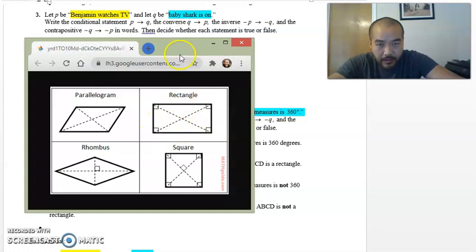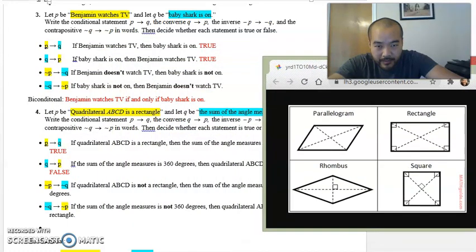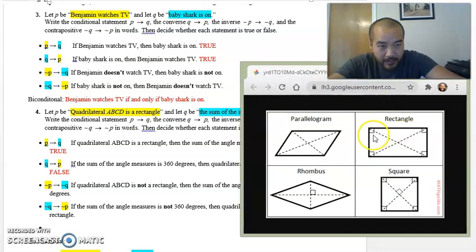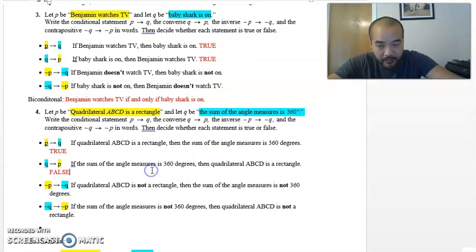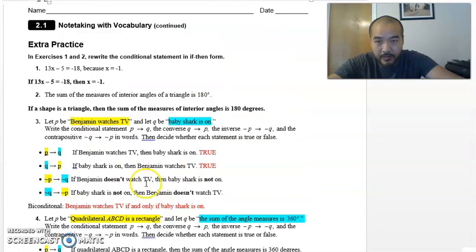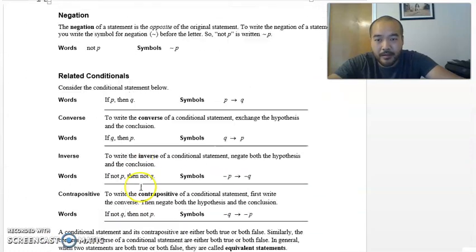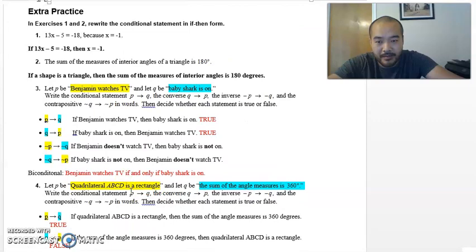If quadrilateral ABCD is a rectangle, then the sum of the angles is 360. All four of these angles add up to 360. If you flip it, all four of these shapes, the angle measures add up to 360. But these two are not rectangles, so that proves this one false. So that was a counterexample.